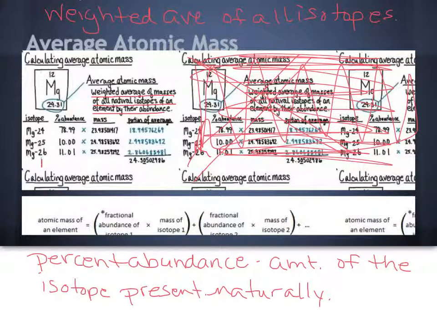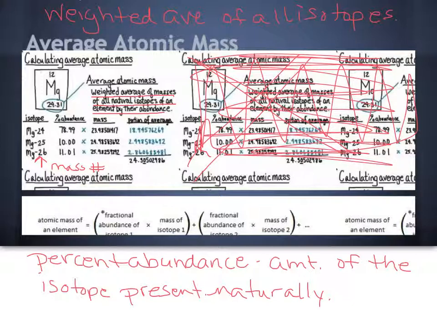This number right here is the mass number. So magnesium-24 means that 24 is the mass number. 25 means that 25 is the mass number. Magnesium 26 means that 26 is the mass number. This is percent abundance. This is how much occurs naturally.